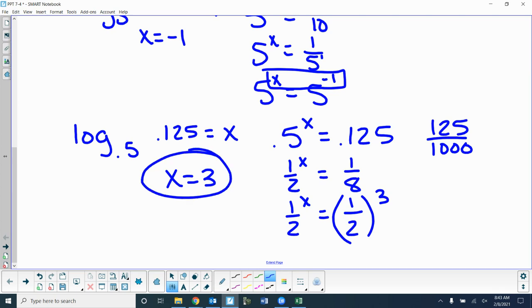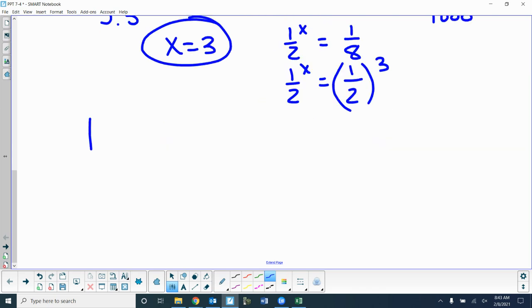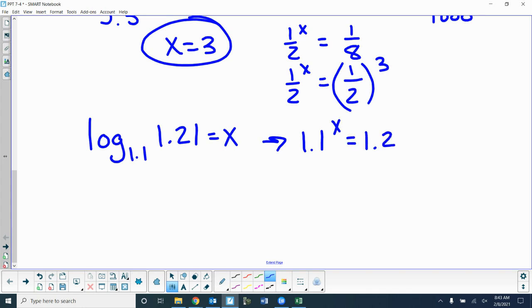And then the last one, 29, log base 1.1 of 1.21. Again, right, equals x. So that's 1.1 to what power is 1.21. All right, that's 1 and 1/10. 10 times 1 is 10 plus 1, that's 11/10.